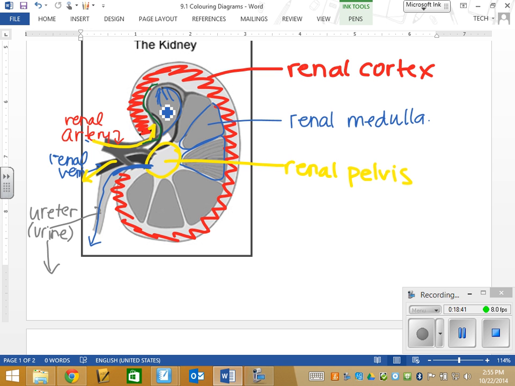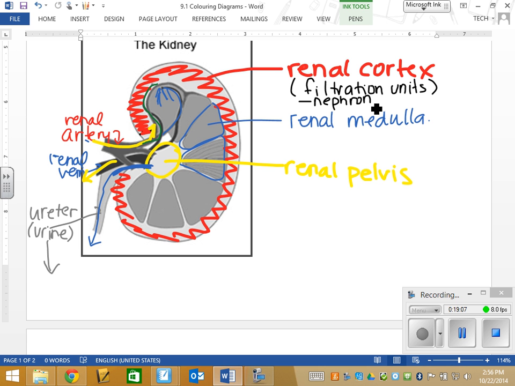So just so that we know what's happening in each one of the sections, in the renal cortex, that is where you find the majority of the filtration unit. The filtration unit is called a nephron. And most of it is actually in the renal cortex.